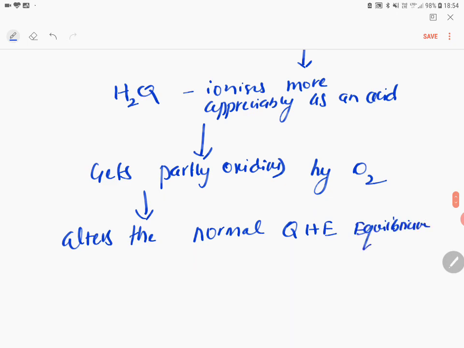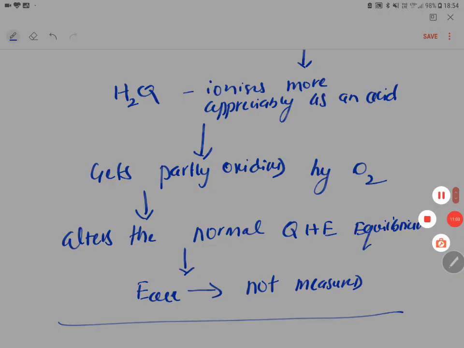So it disturbs the equilibrium. Once you disturb the equilibrium, the electrode potential will change. E cell is not measured correctly. Therefore, this is a disadvantage of the quinhydrone electrode.